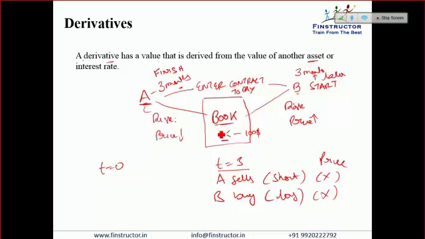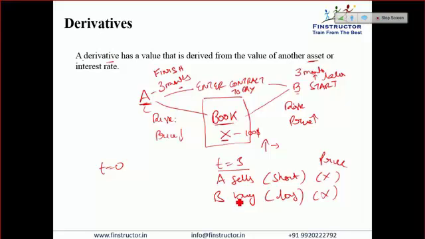Now please tell me, if 3 months later the price of the book actually goes up, who gains? The contract will have a positive value for which counterparty, A or B?